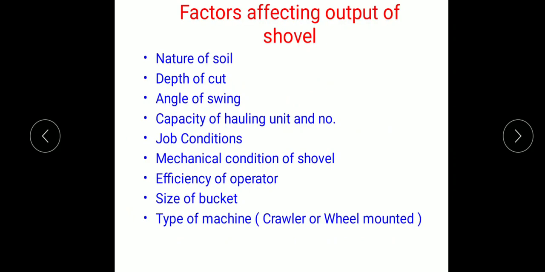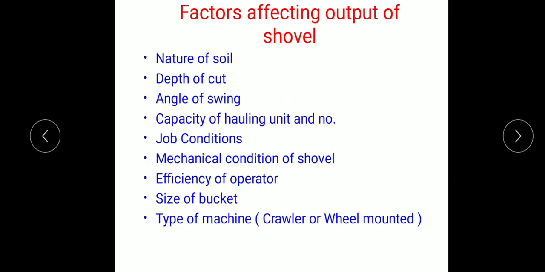A large angle increases the cycle time of the machine, and if the angle of swing is decreased, the time per cycle is decreased. Meaning, the more the angle of swing, the more cycle time is required.